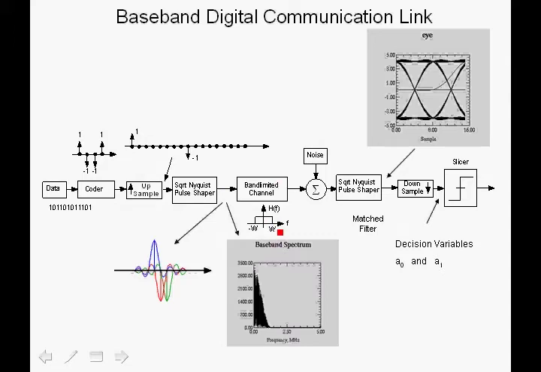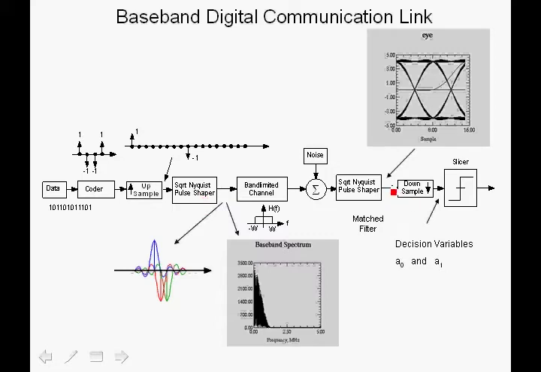bandwidth of W hertz. We have additive white Gaussian noise, and at the receiver we have a square root Nyquist pulse shaper, which is the matched filter to the transmit filter, which is also a square root Nyquist pulse shaper.